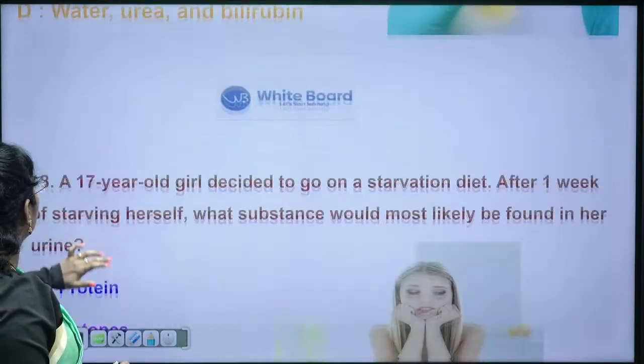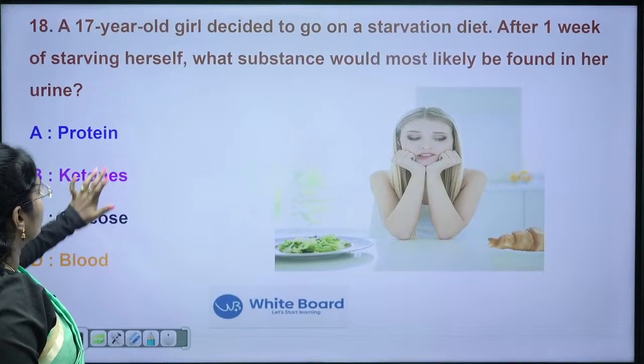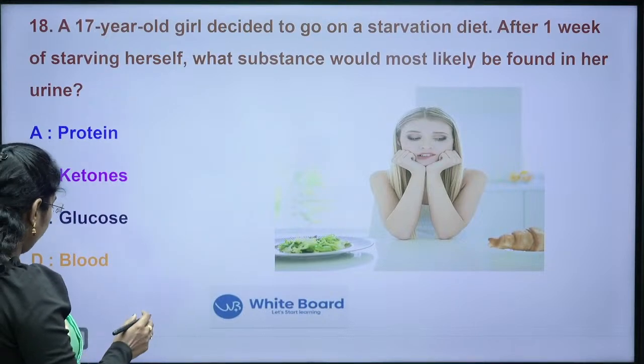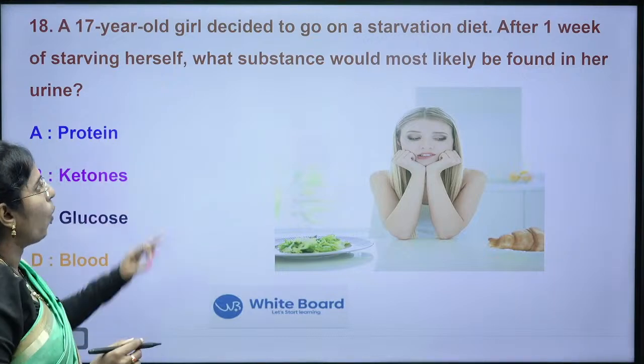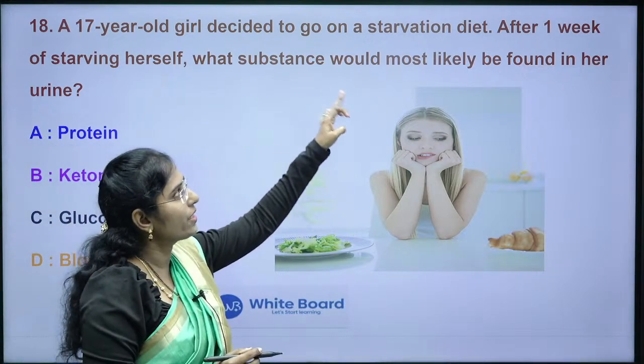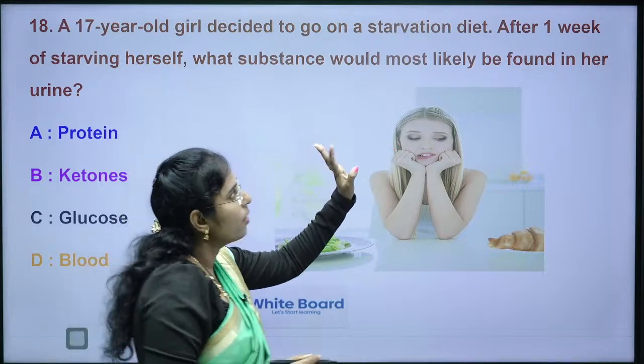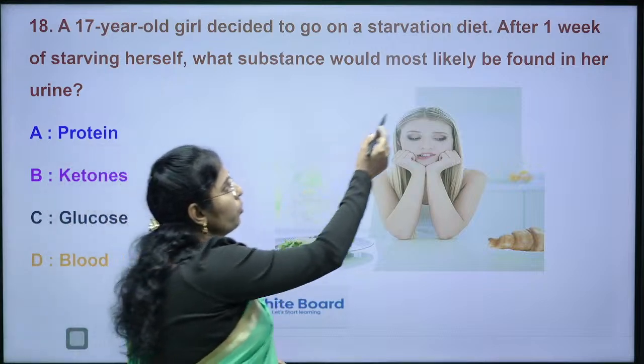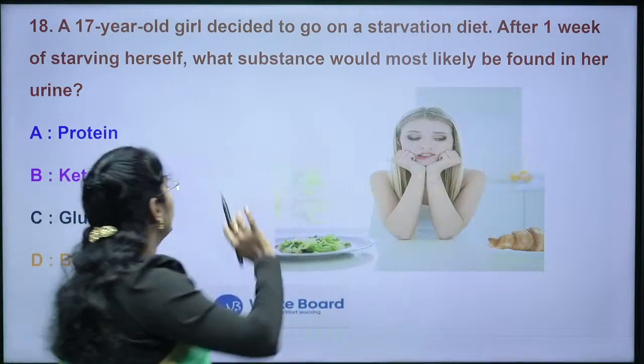Coming to the next question, 18th question. A 17-year-old girl decided to go on a starvation diet. After 1 week of starving herself, what substance would most likely be found in her urine?